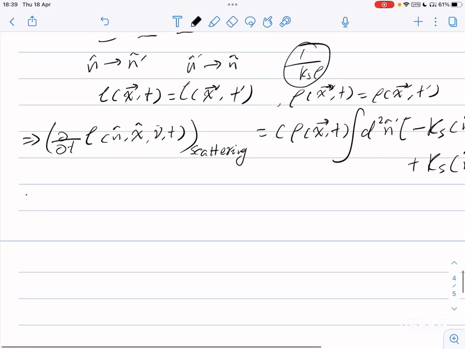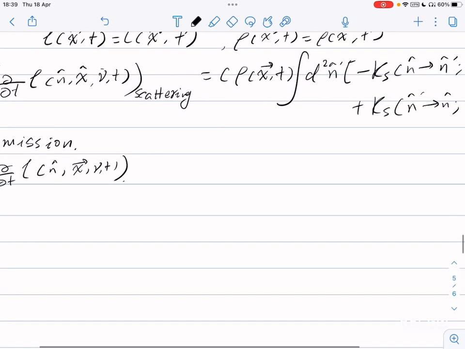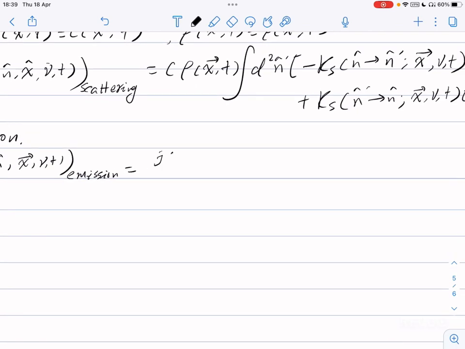Now, the final contribution is the emission process. Let's suppose the radiative energy emitted in any direction n per time per frequency per solid angle at the time t and the position x is partial t L x nu t due to emission, equals j x nu t rho x t over 4 pi.